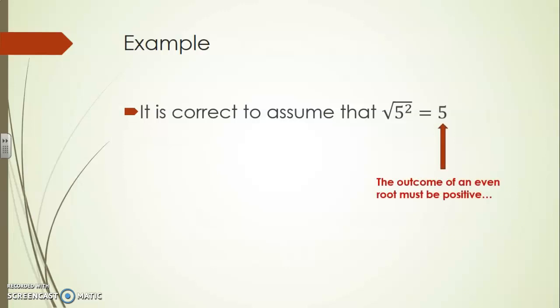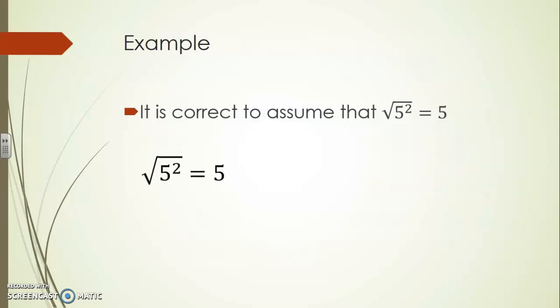The outcome in this case is a positive number. So 5, which is the x value we used from the start, squared and then rooted, ended up reproducing the same x equal 5 by the time we did our computations.